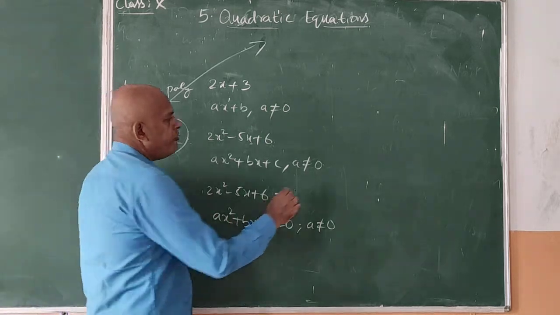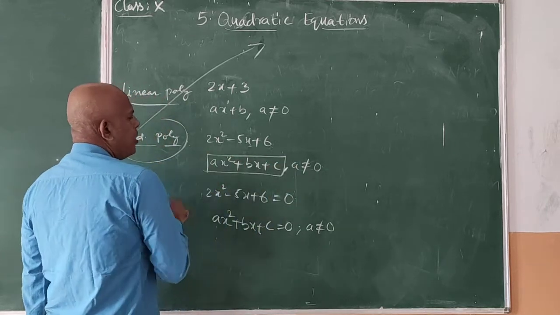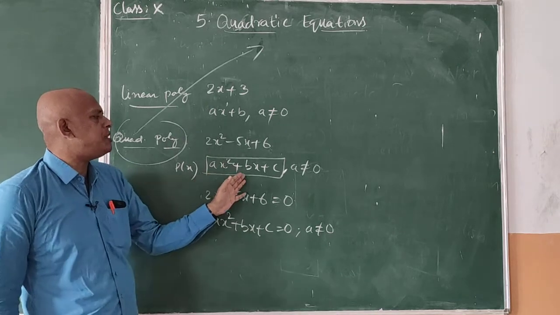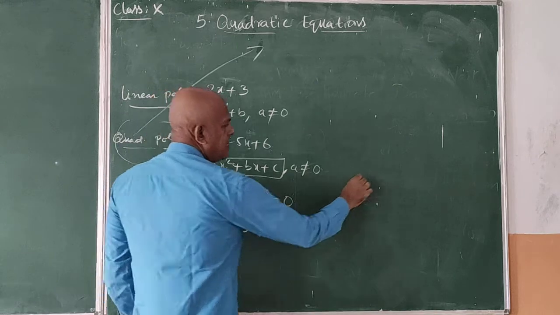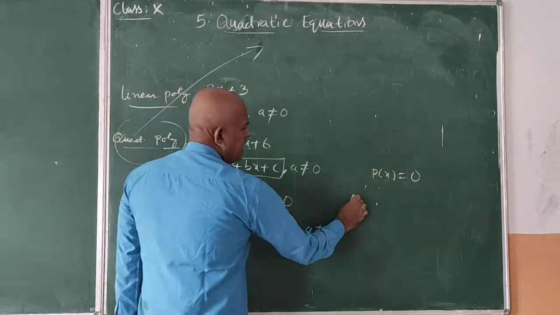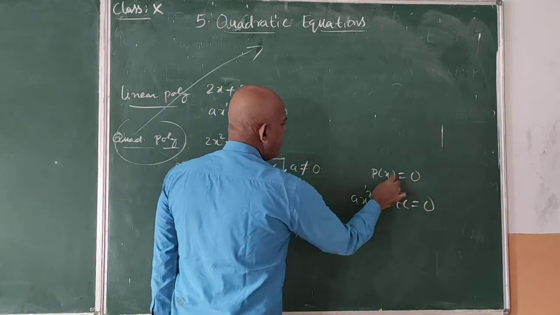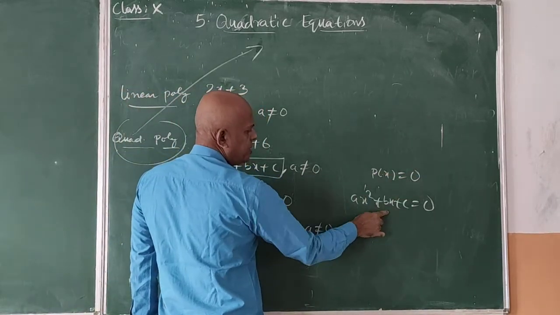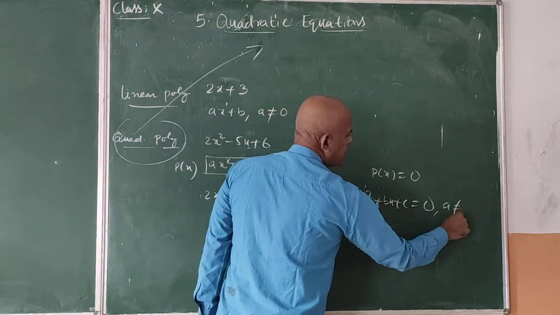Or you can say if p of x is a polynomial, that is ax square plus bx plus c, where a is not equal to 0, and if we write p of x is equal to 0, it means ax square plus bx plus c is equal to 0, where a is not equal to 0.